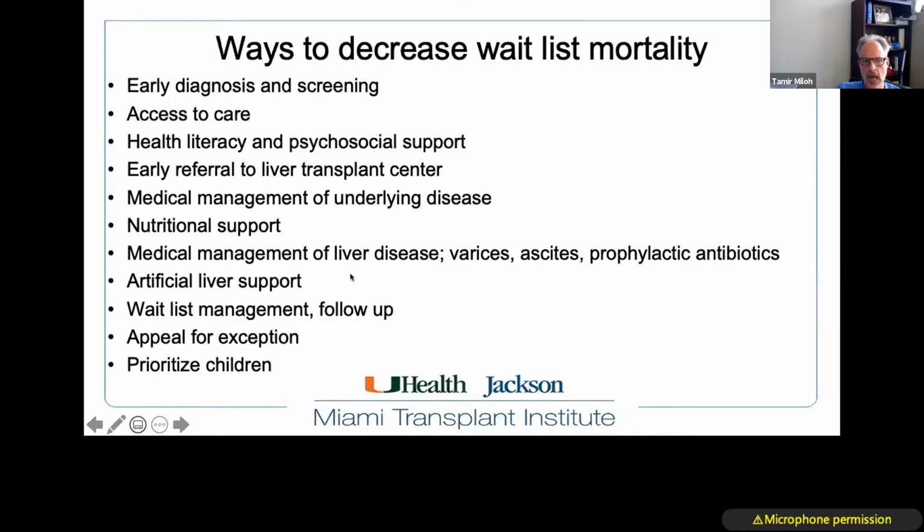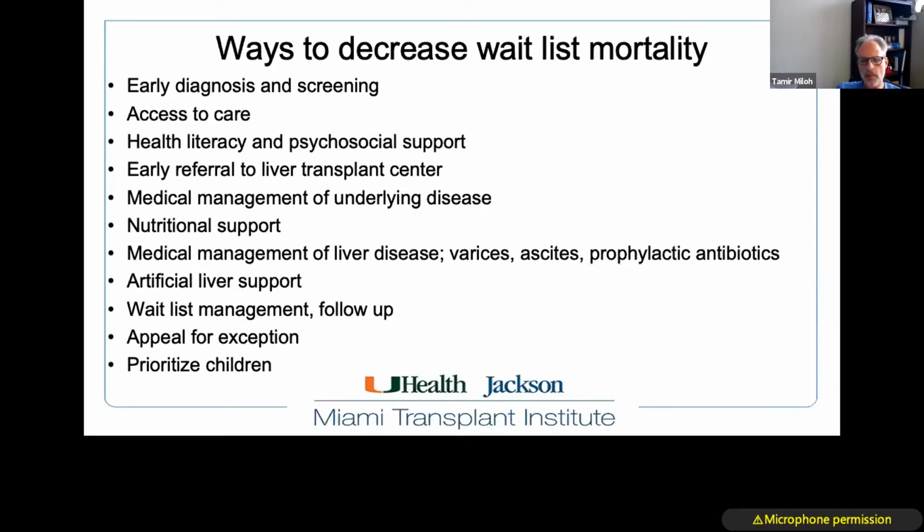So we're very aggressive when it comes to tube feeds, TPN, because as you've seen in the previous slide, malnutrition is significantly correlated to outcomes and death on the wait list. Medical management of any liver disease, such as varices with scope, ascites, and prophylactic antibiotics if they have recurrent infections. Now in the process of development, artificial liver supports.